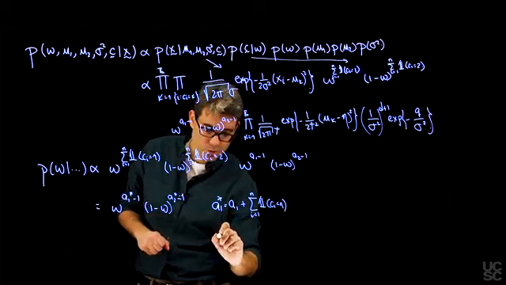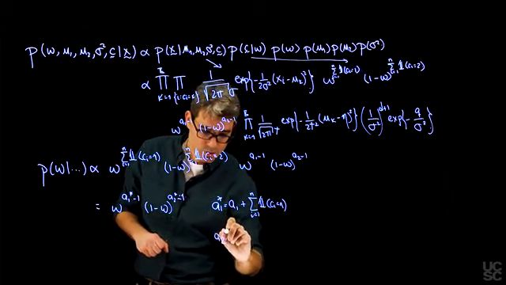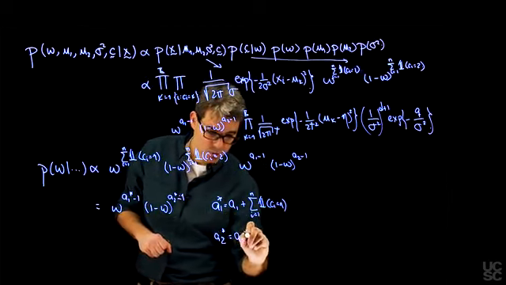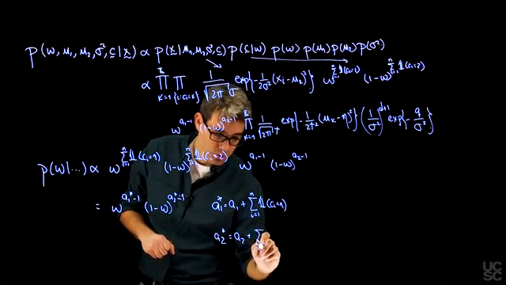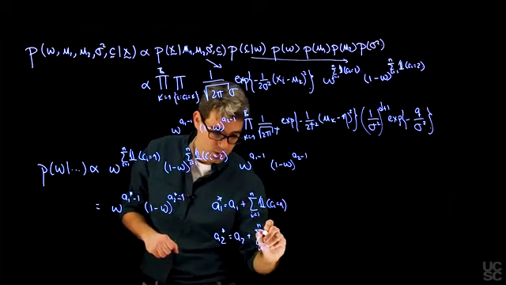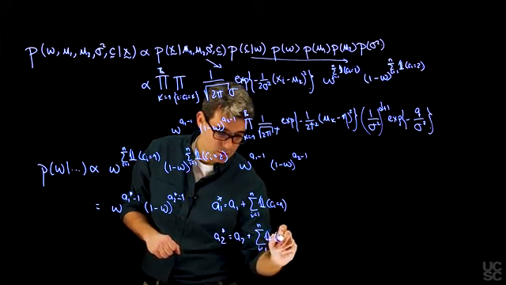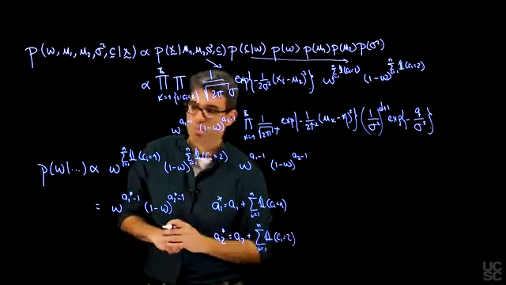And a sub 2 star is my original a sub 2 plus the number of observations that are currently assigned to the second component.